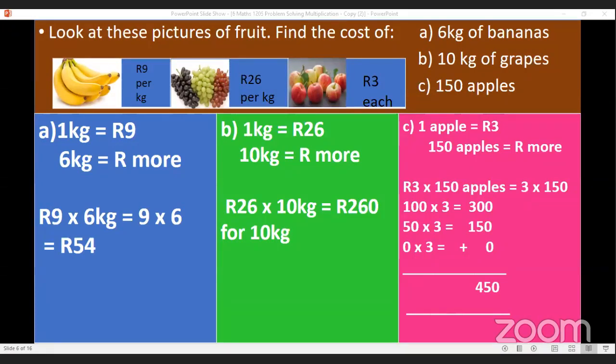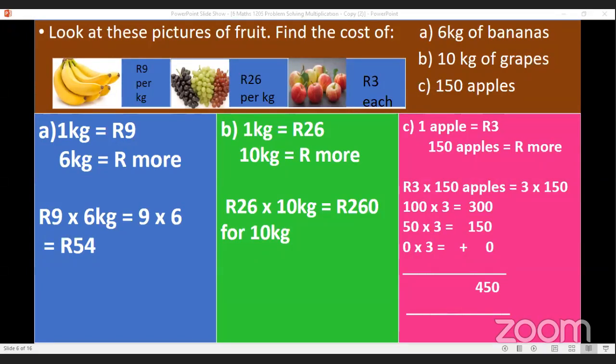So 100 times 3 equals 300. 50 times 3 equals 150.